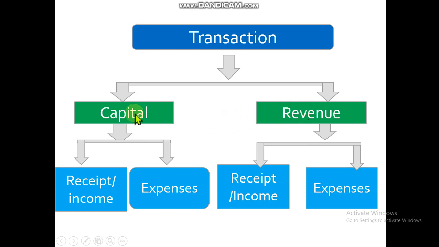Capital transaction is also divided into two types, capital receipt or income and capital expenses. On the other hand, revenue transaction is also two types, revenue receipt or income and revenue expenses. That means mainly transactions are two types, and again these two types are divided into another two types.